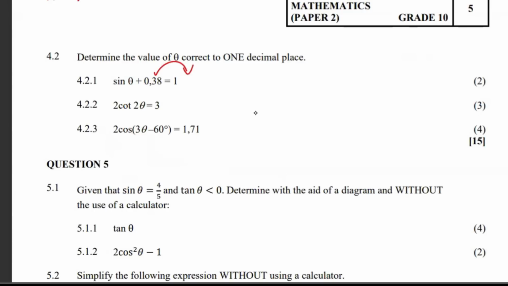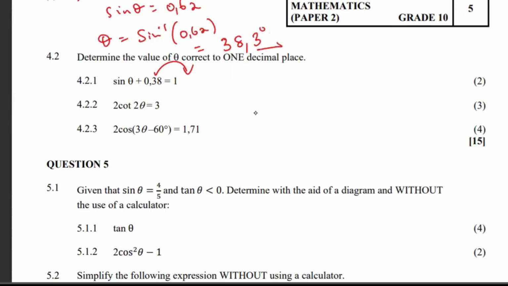So that's going to be 1 minus 0.38, which means the sine theta is equivalent to 0.62. Then for me to get the angle, I must press shift and then the sine symbol so that I get the arc sine of 0.62, which is 38, and they want one decimal, which is going to be 3.